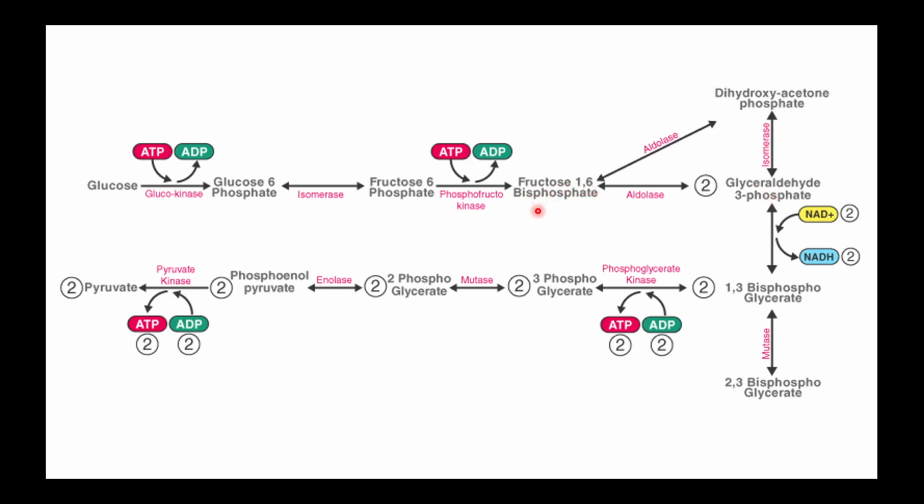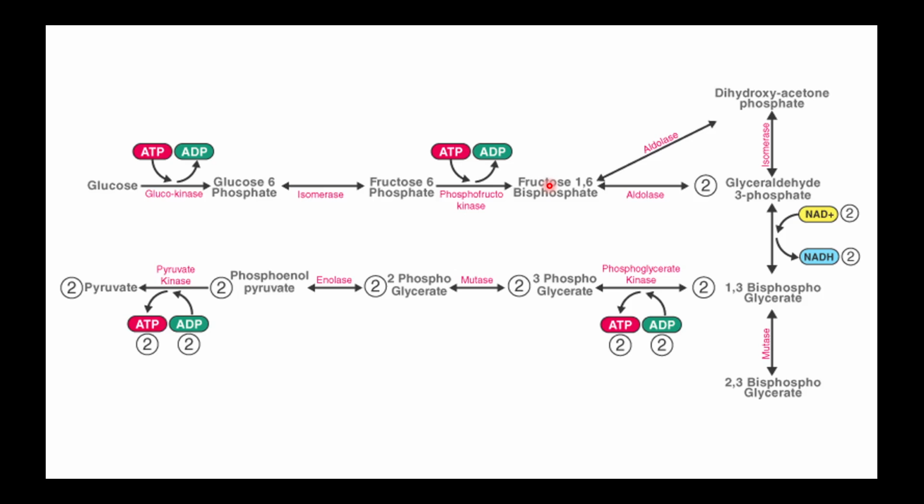So from this point we are technically getting two molecules of glyceraldehyde 3-phosphate. Fructose 1,6-biphosphate is also a 6-carbon molecule, so from this 6-carbon molecule we are getting two molecules of a 3-carbon compound.